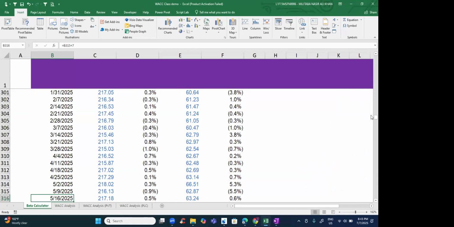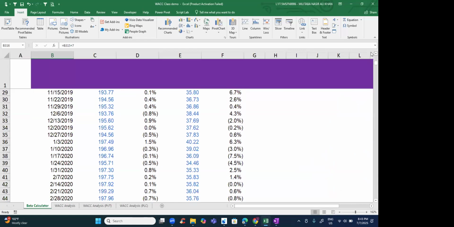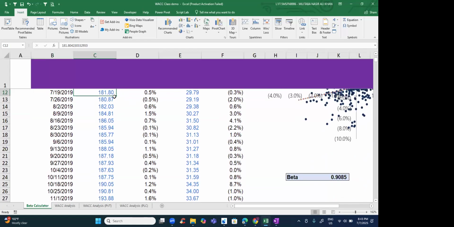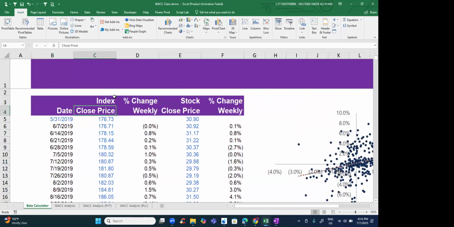What data do you need? You will take the index movement. If you are in Pakistan, we have a very famous index called the KSE 100 index.